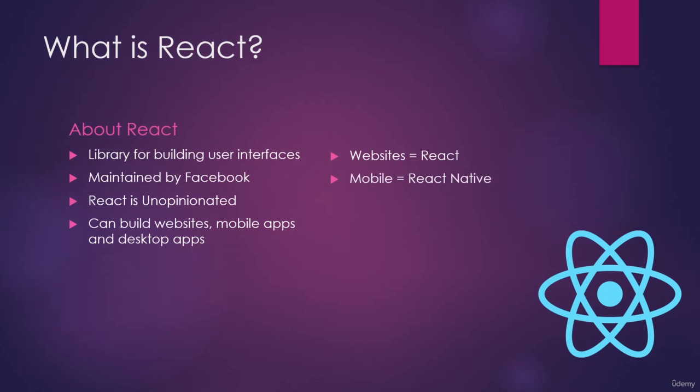Or you may also decide to look into doing desktop development, in which case you can use the library Electron, which is also based on React. So if you learn about React, you're going to be in a very good place to not only just develop websites, but also mobile and desktop applications.